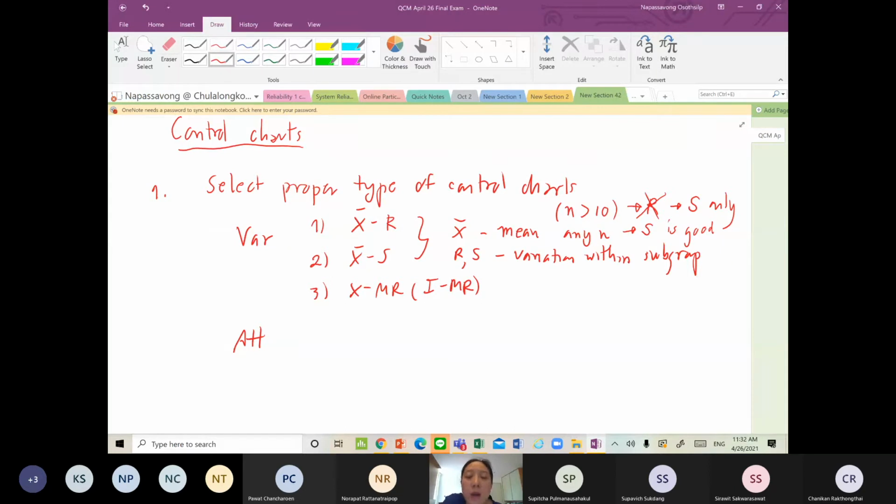So I recommend that if you have to pick R or S, you use S in any case.